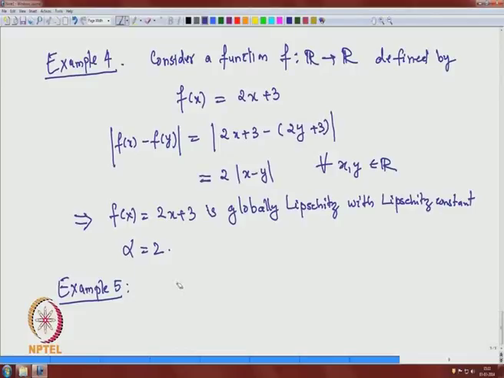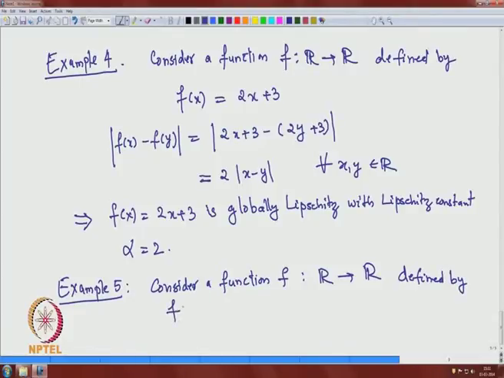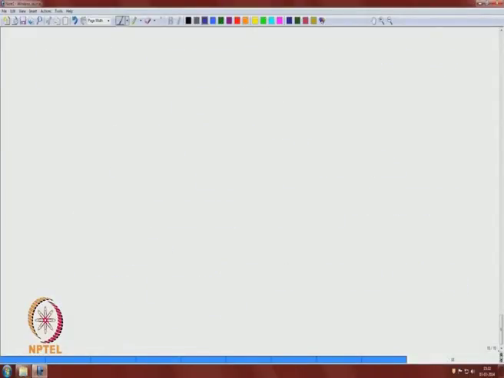Consider a function f from R to R defined by f of x is equal to x square.